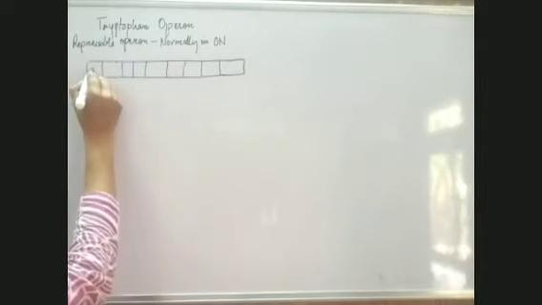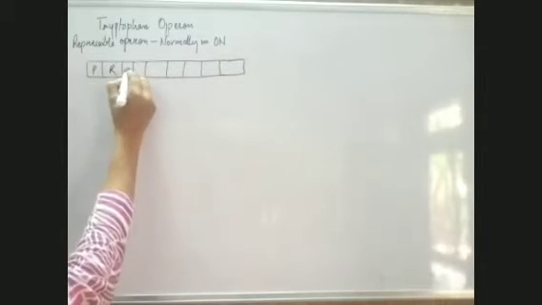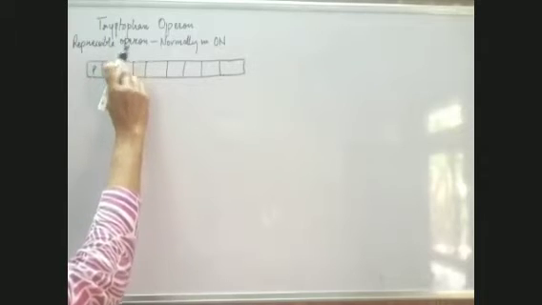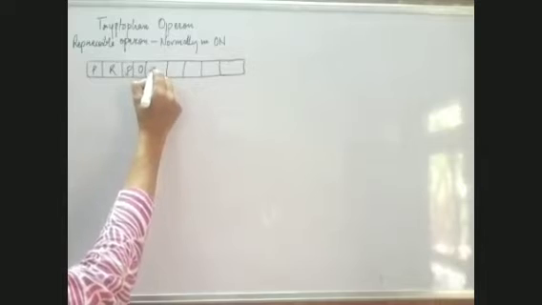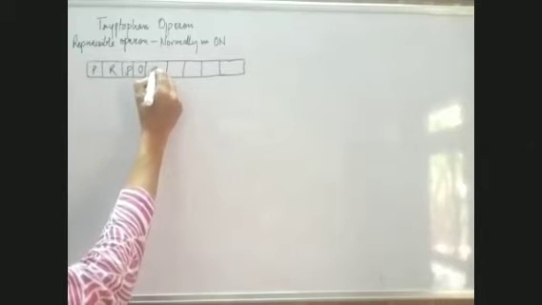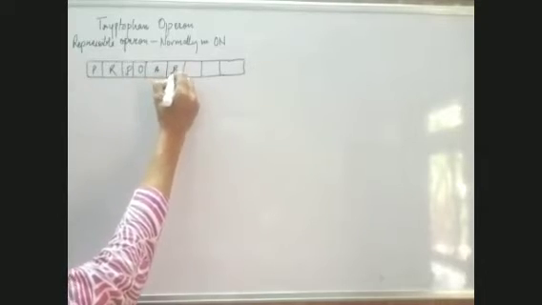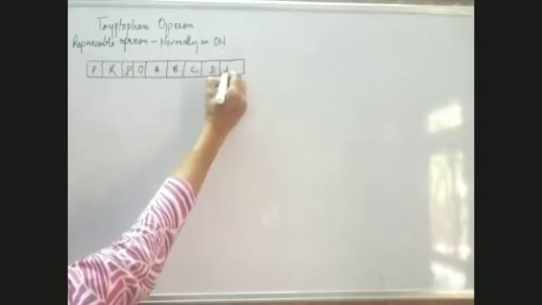This was promoter, this was repressible, this was again promoter, then operator, then we have structural genes, and the names I kept were A, B, C, D, E.